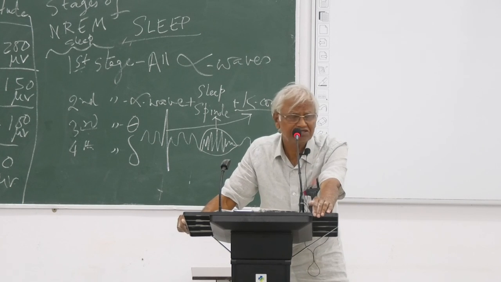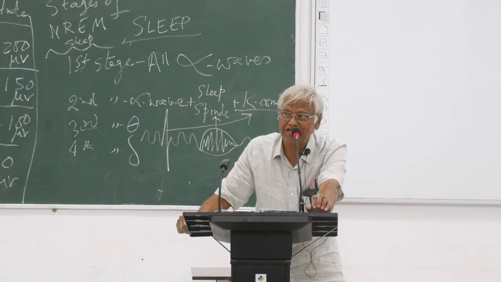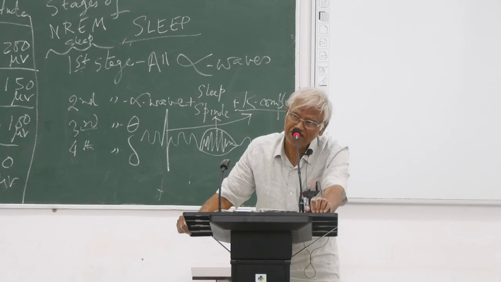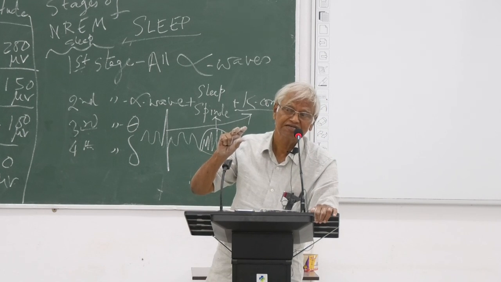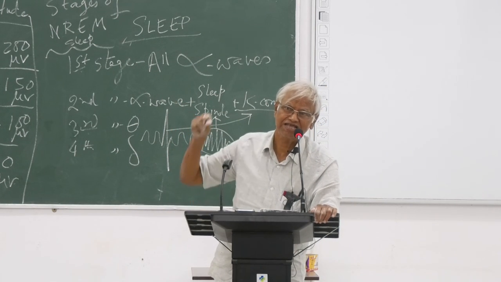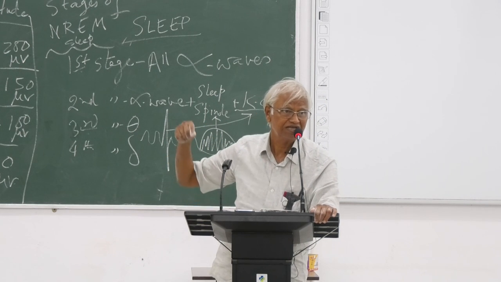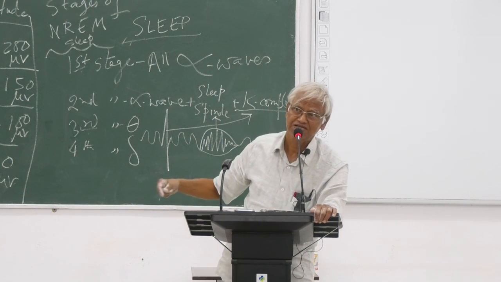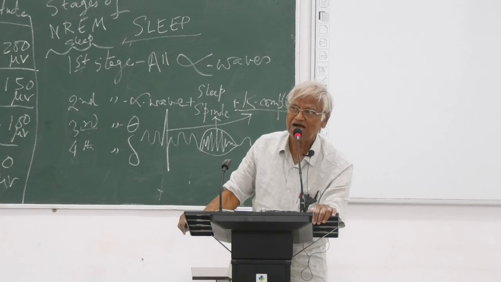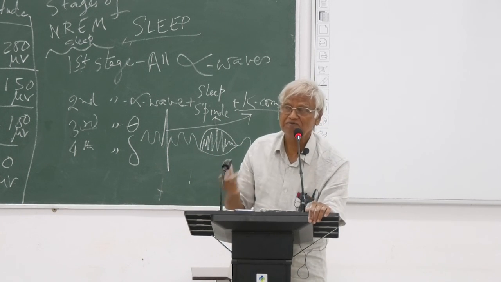There is another thing, it is usually at the end of the night. The REM sleep comes at the end of the night. It may come also in the middle of the night, but then again the cycle restarts. Again NREM first stage, NREM second stage, NREM third stage, NREM fourth stage, again REM sleep. And the sleep ends with REM sleep and there you will be dreaming.